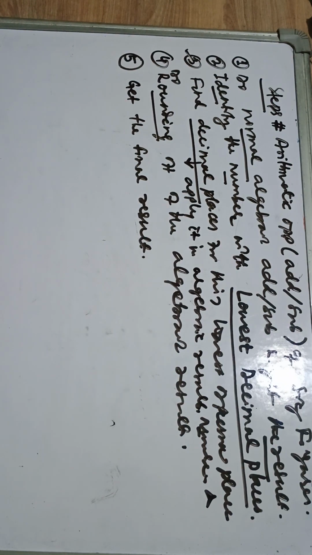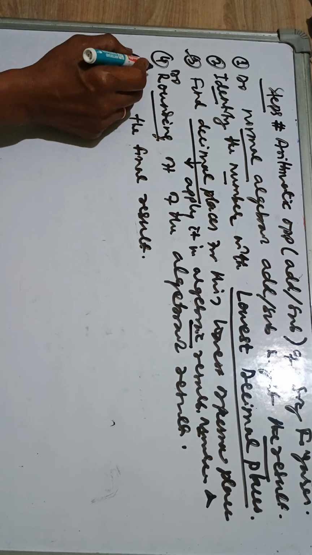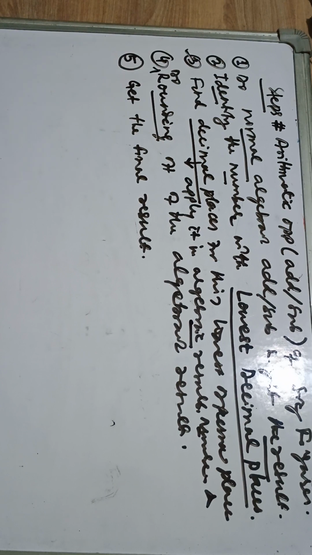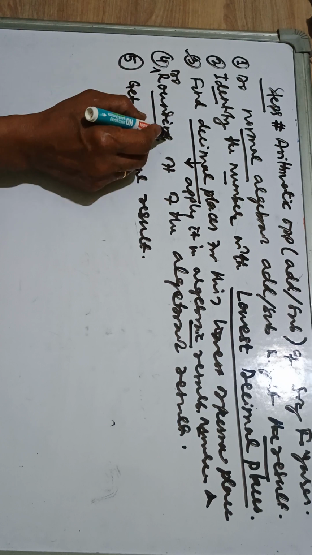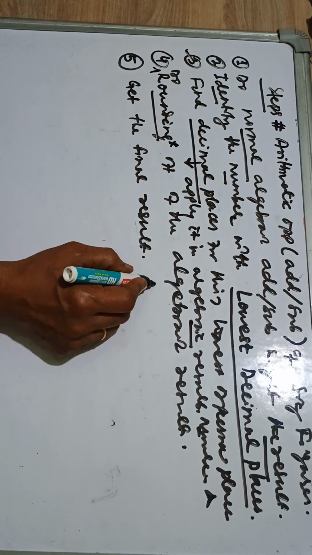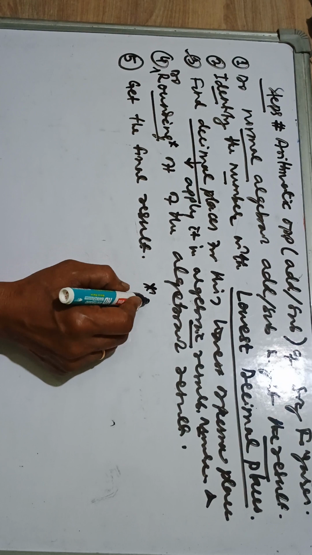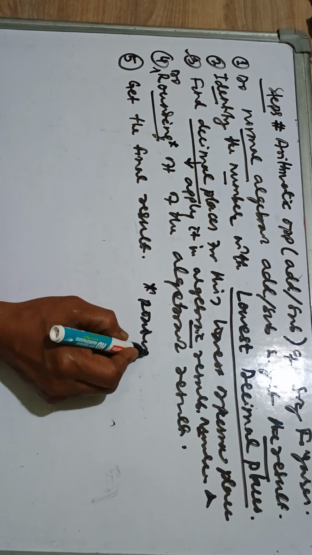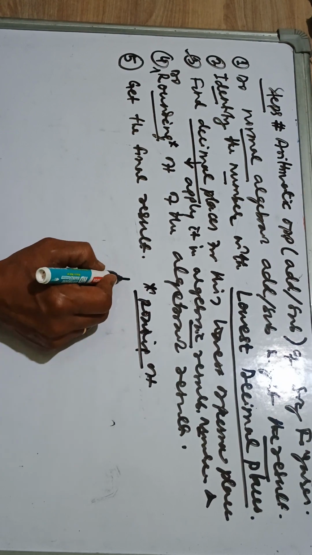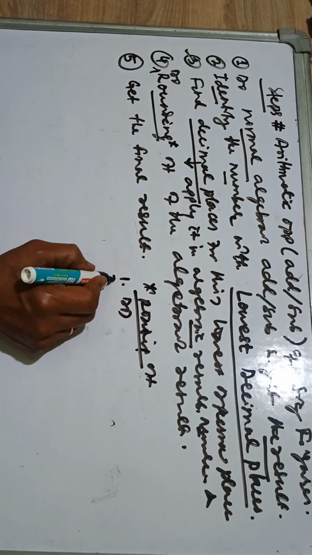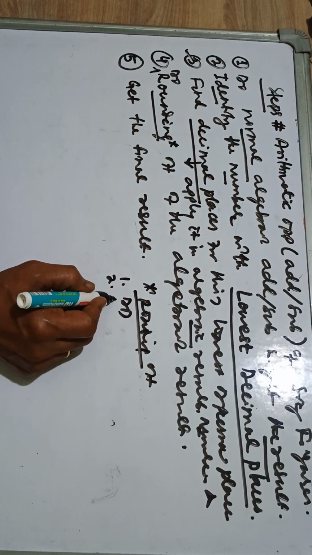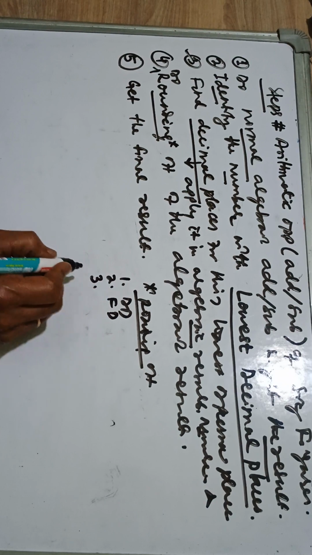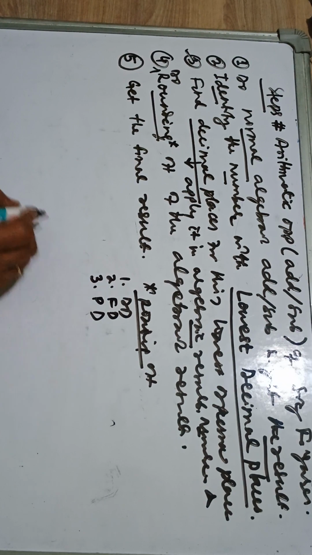That means in that algebraic result we'll find out the dropped digits. In rounding off, what will we be doing? We will identify the dropped digit, identify the followed digit, identify the preceding digit.